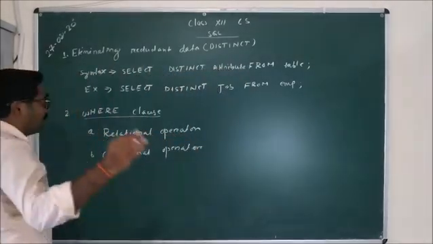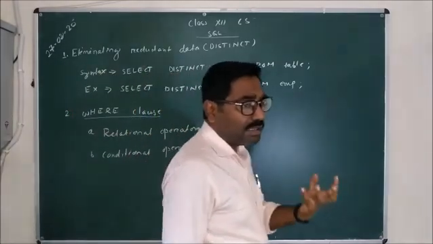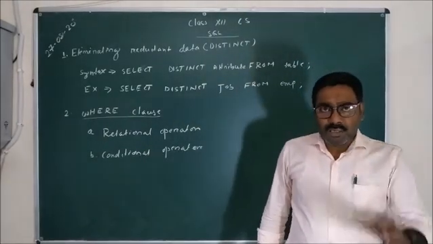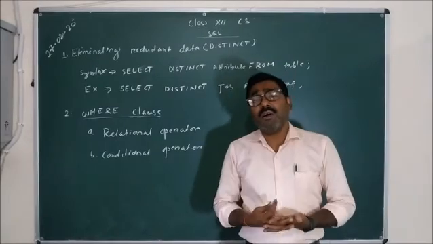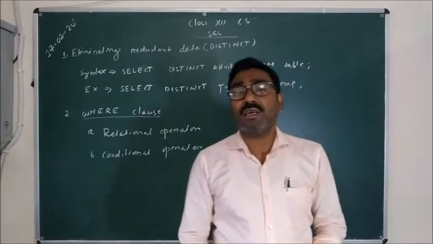Now come to the where clause. In the last session I told you about the where clause. I even wrote the syntax and an example for it. Basically the where clause is used to assign a condition to a query.